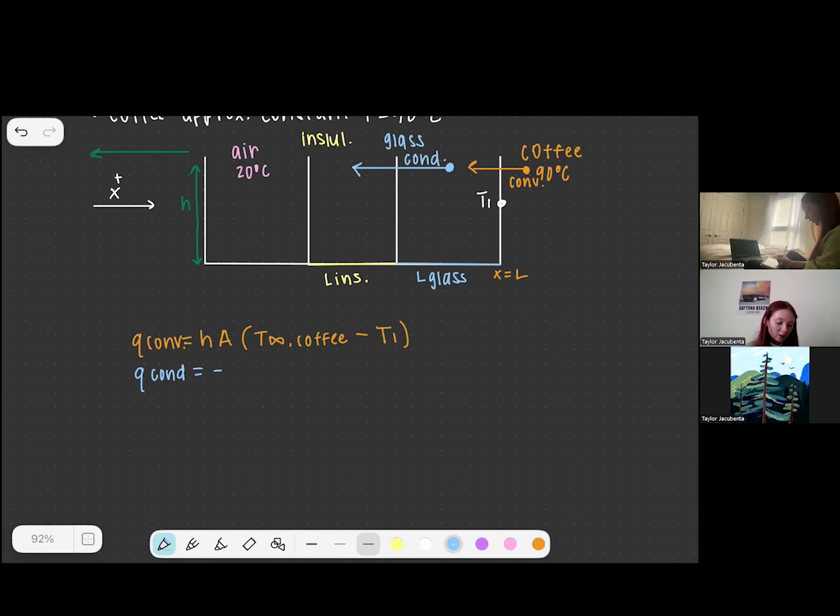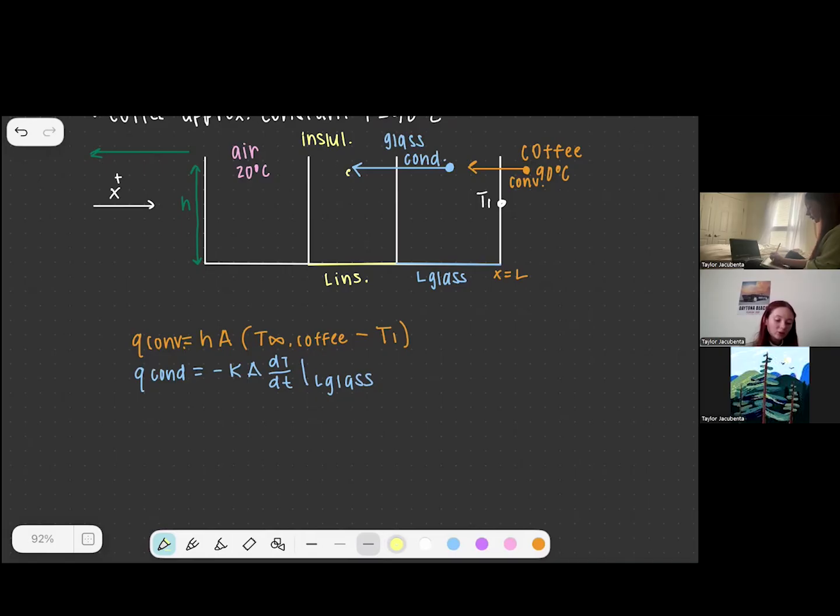The negative coefficient of thermal conductivity multiplied by the area and the relationship of temperature over time, evaluated at L glass.